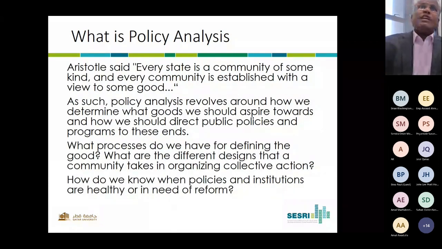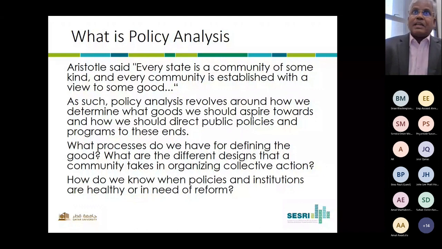So, continuing what is policy, if you look at the historical anecdotes of policy analysis, Aristotle said every state is a community of some kind, and every community is established with a view to some common good.